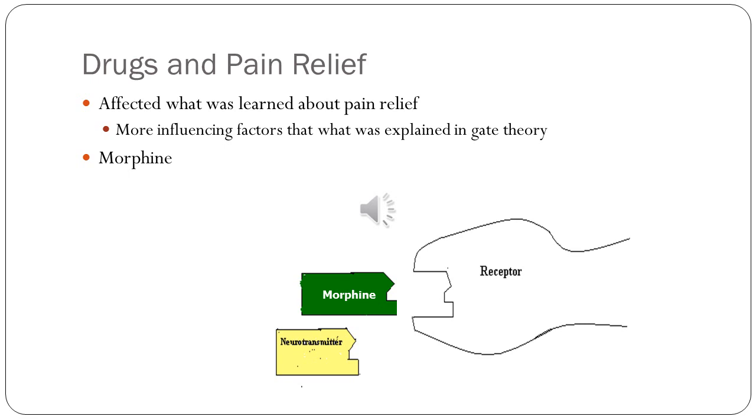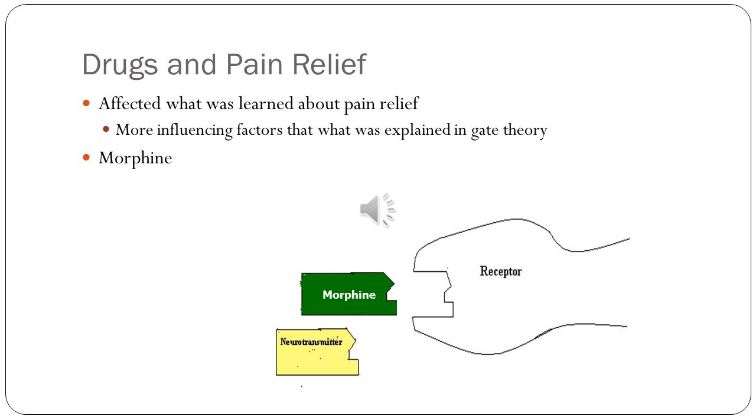So if you look at the picture, we have a receptor. If you remember the little picture of the synapse, the junction between the two communicating nerves within the body, all of them have little receptors. Again, you have that little lock and key relationship.